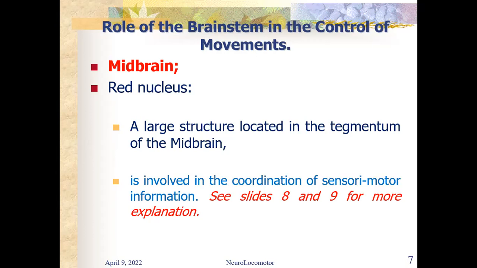Remember, during the integration of motor impulses within the motor cortex and the cerebellum, it has to pass through the red nucleus before the information is projected to the motor cortex. The same thing happens when we have sensory information coming in from the Golgi tendon organs or the proprioceptors. Before they are relayed into the cerebellum, they have to pass through the red nucleus.